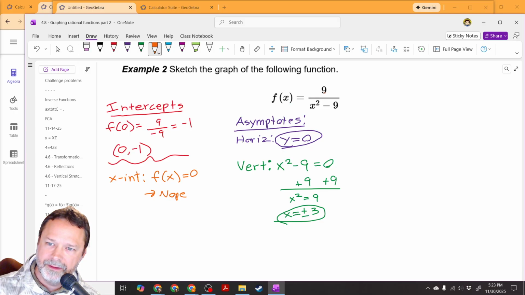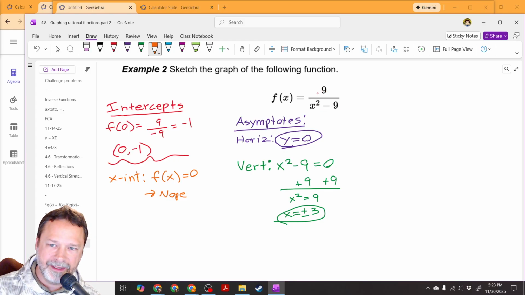But this is 9 over a, oh yeah, this is always going to be a positive number divided by x squared minus 9. We can get a negative here. We can get positives here. But we are not allowed to put a 0 here. There's no way.